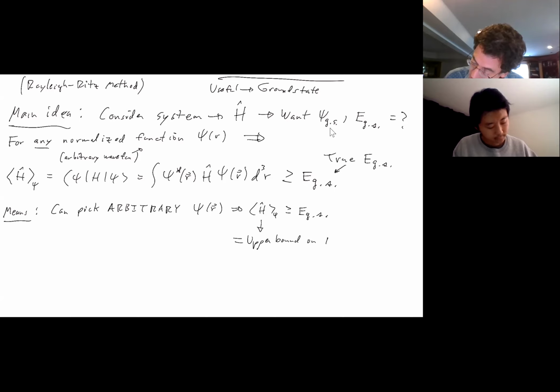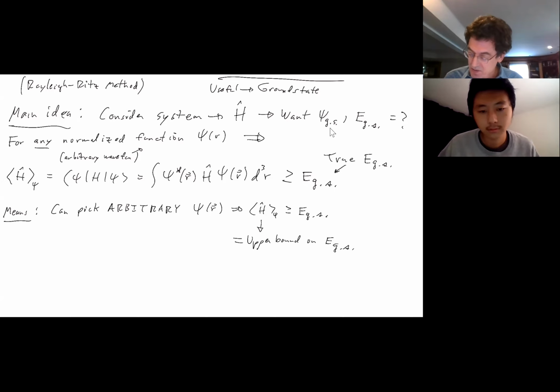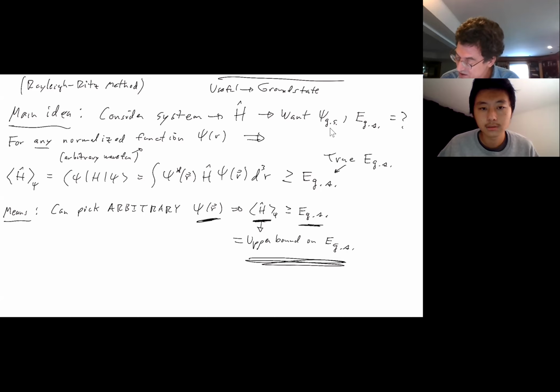And that's it. That's the whole thing. That's the foundation of the variational method. So it's really simple. If we pick an arbitrary wave function and calculate the expectation value of the Hamiltonian, then we get an upper bound on the ground state energy of that Hamiltonian.